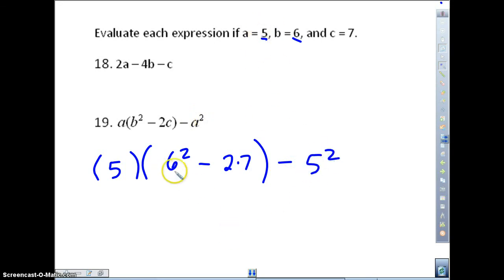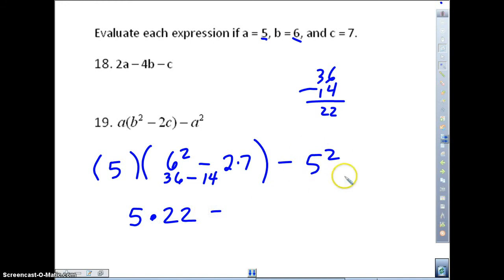Okay, do what's inside this set of parentheses first. 6 times 6, that's not 12. That's 36. 2 times 7, that's 14. What is 36 subtract 14? Okay, that's 22. So I have 5 times 22.